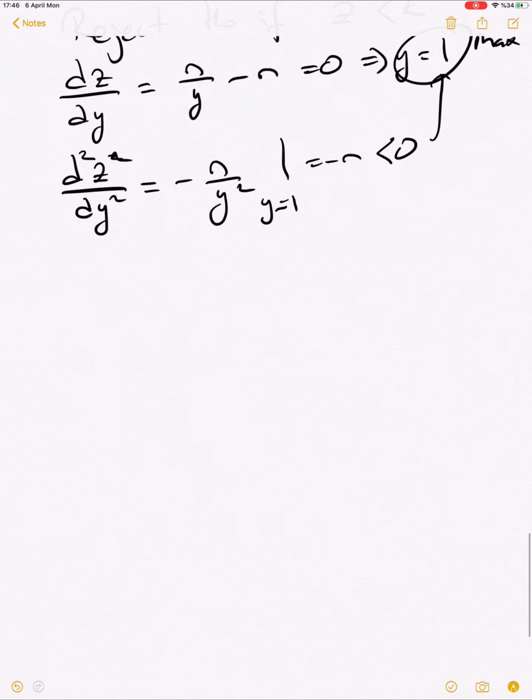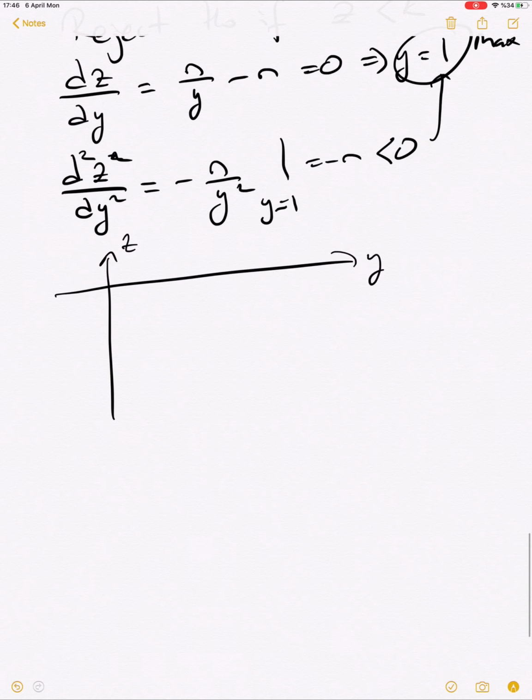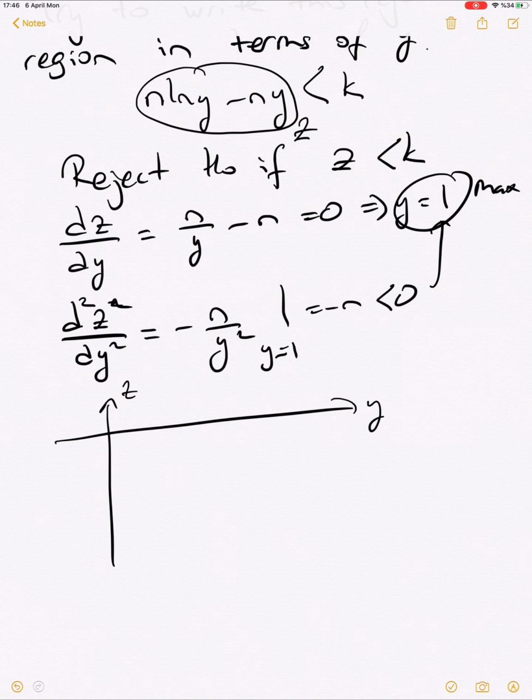Okay, let's draw the shape. Let's say this is our z, this is our y, and when we replace y by 1 in the function z, ln 1 will be 0, and we will have minus n.